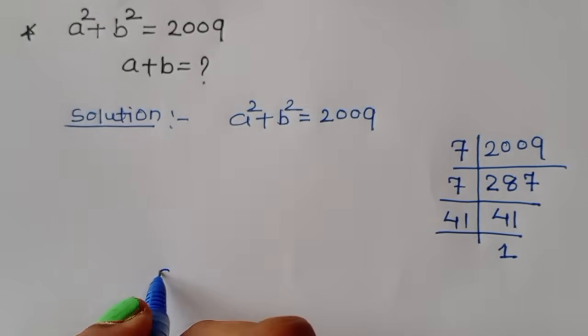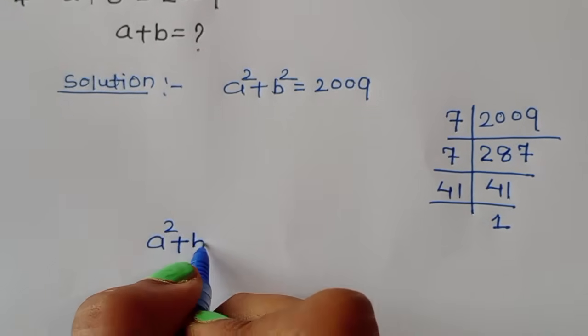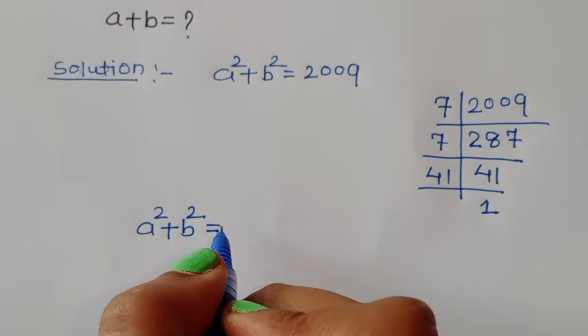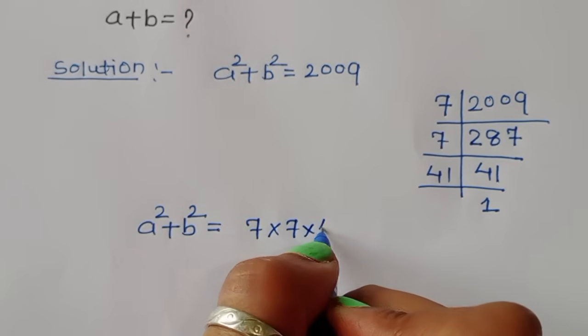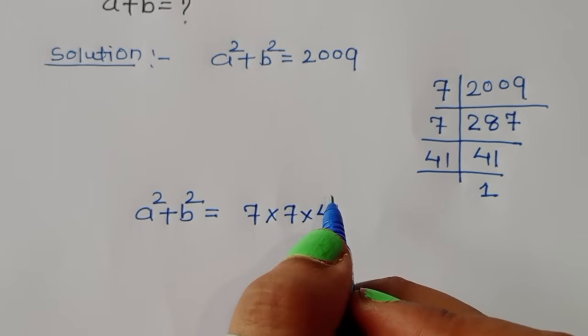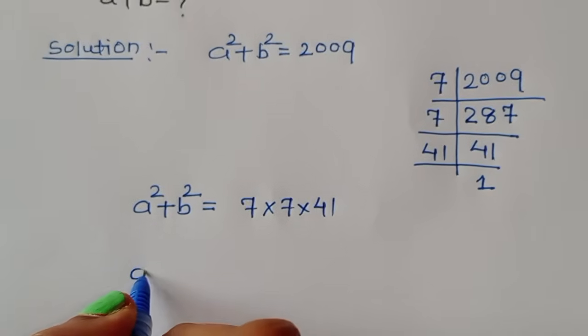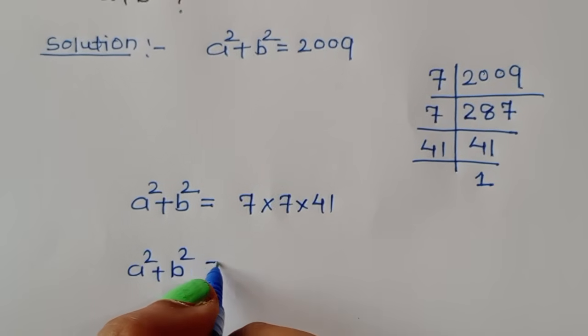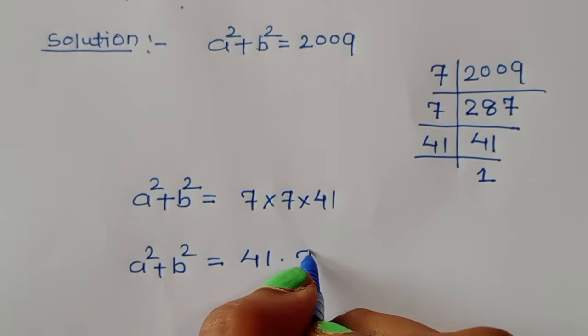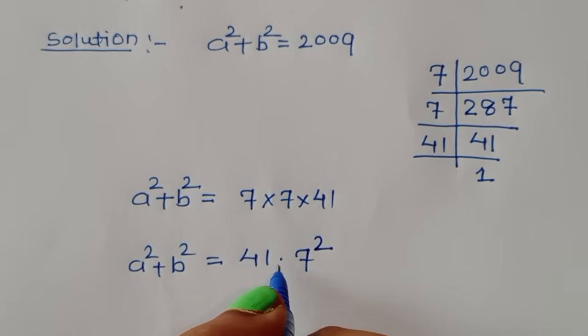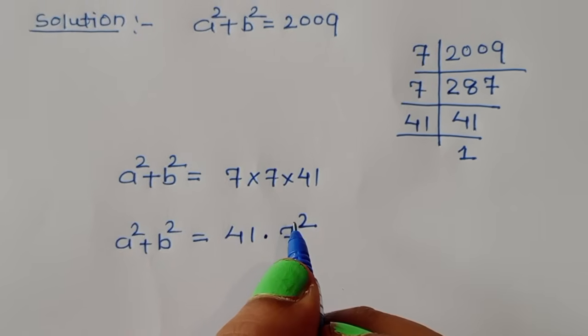So we can write a square plus b square is equal to 7 times 7 times 41, that is 41 times 7 square.